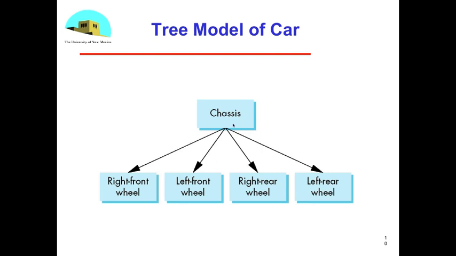And you can start seeing some of how we're going to convert this into a model we can use with graphics. So for example, if we want to convert this to graphics, then somewhere in this node we can store information, in particular the geometry of the chassis, and in the child nodes we could store the information about the wheels.